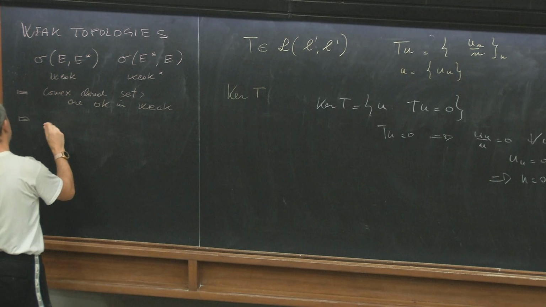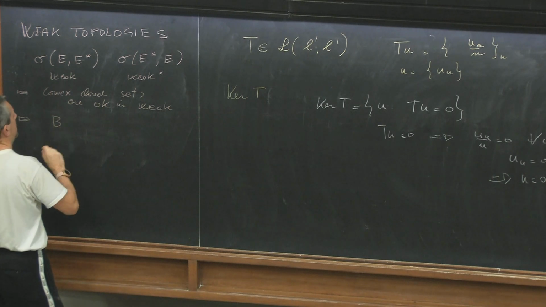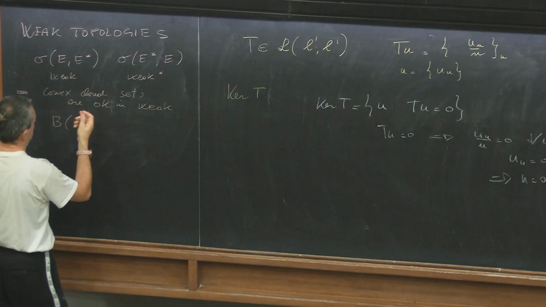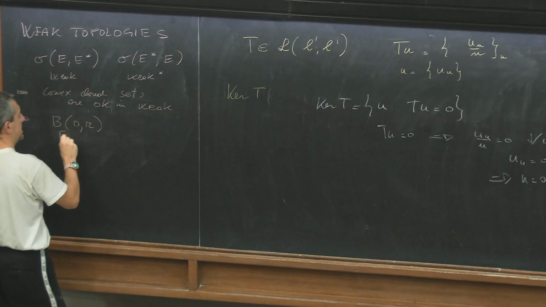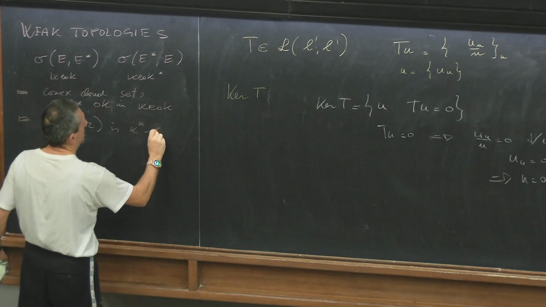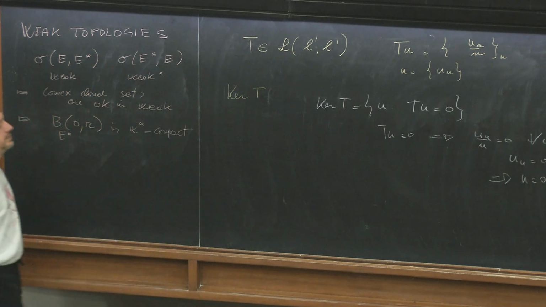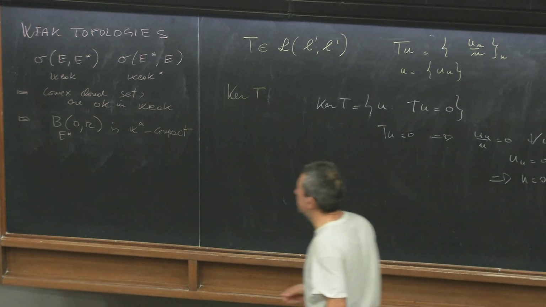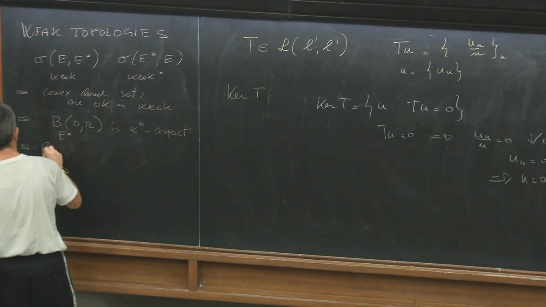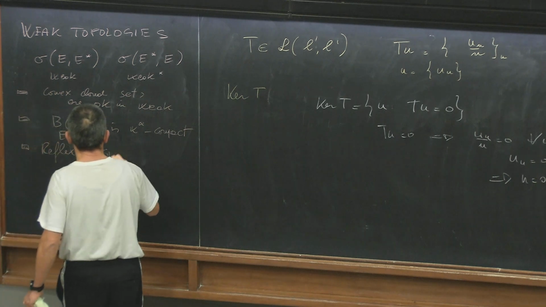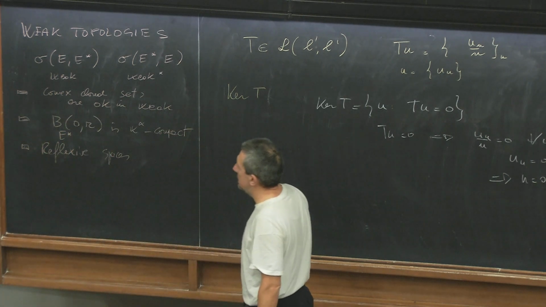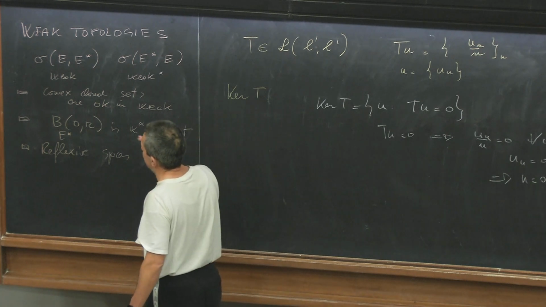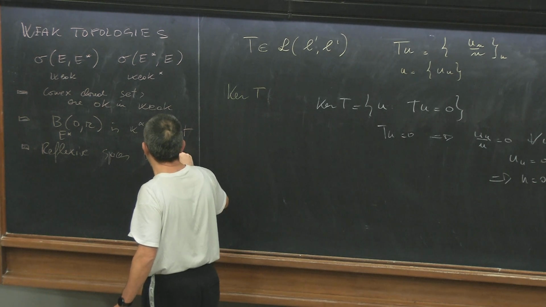The other property is that the unit ball, or the ball of radius R, doesn't matter, contained in E star is weakly star compact. In order to merge the two, we have the reflexive spaces, where essentially weak is equal to weak star.